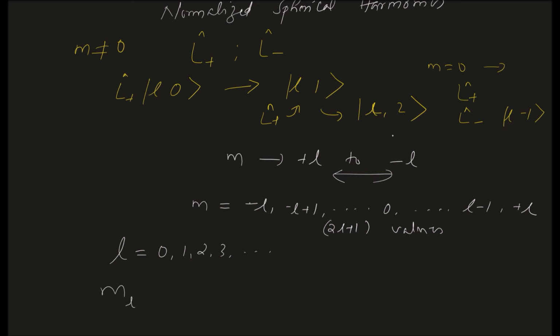This is sometimes represented with a subscript L because we will be having another projection with the spin angular momentum. So to distinguish it, we sometimes represent the magnetic quantum number associated with L as m_l, and this m_l can have values from minus L to plus L. So there are 2L plus 1 values.